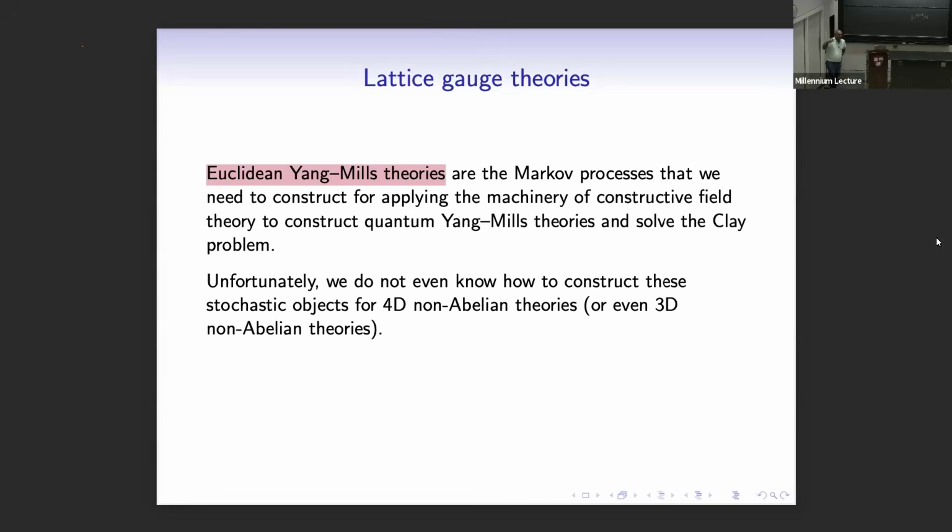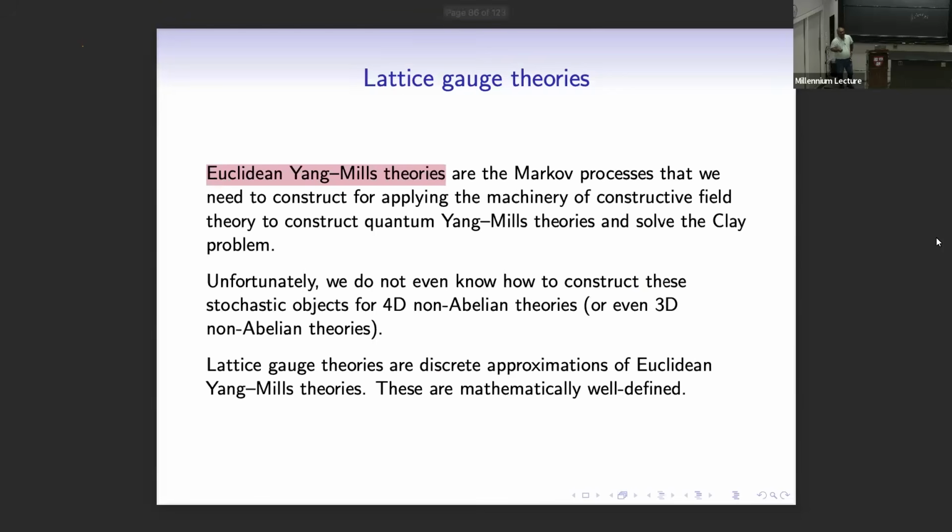And even this Markov process, these probabilistic, stochastic objects, we don't know how to construct in 4D or 3D. So forget about the quantum theories; even the stochastic theories we don't know how to construct. Lattice gauge theories are discrete approximations of Euclidean Yang-Mills theories, and these are mathematically well-defined. There is no problem with the definition. These were defined in the 70s by Wilson.